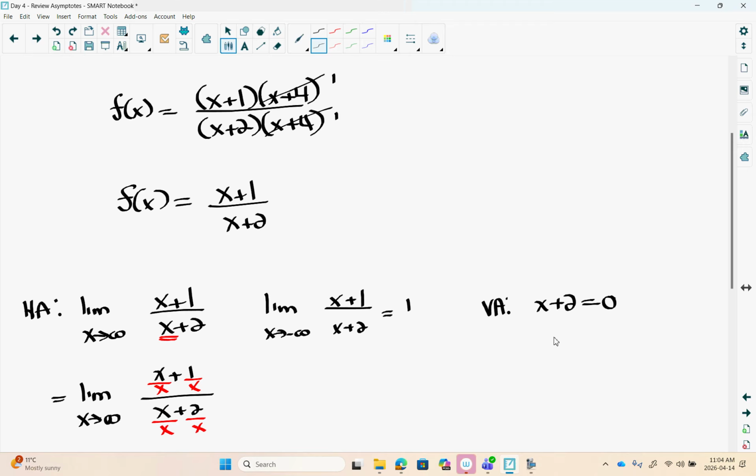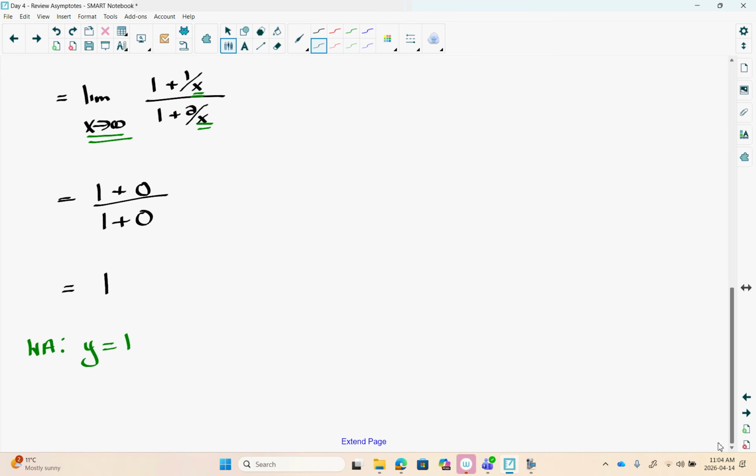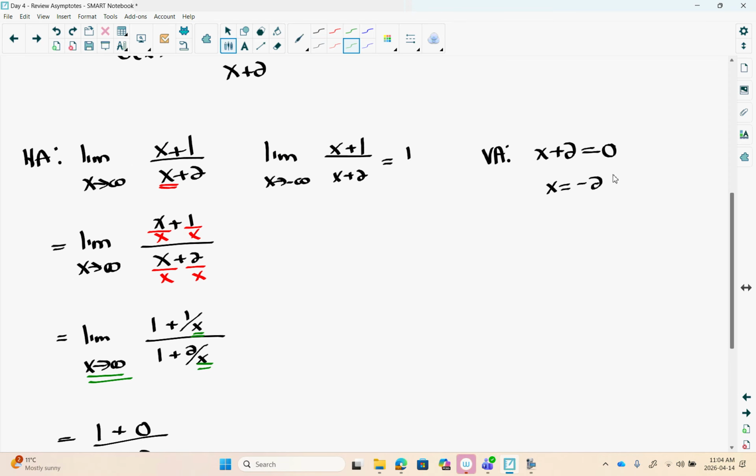Back to vertical asymptotes. What would x equal? Negative 2. Okay? So I have a horizontal asymptote at y equals 1 and a vertical asymptote at x equals negative 2. You just have to figure out where they are. Cool? You do not have to do this on today's worksheet.